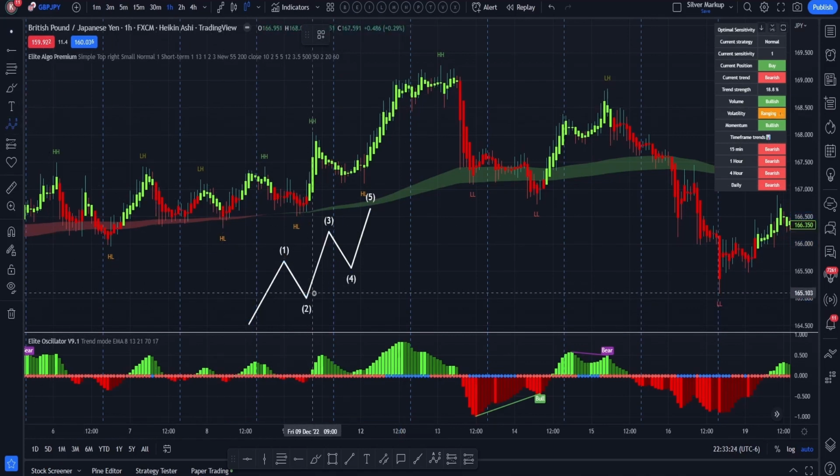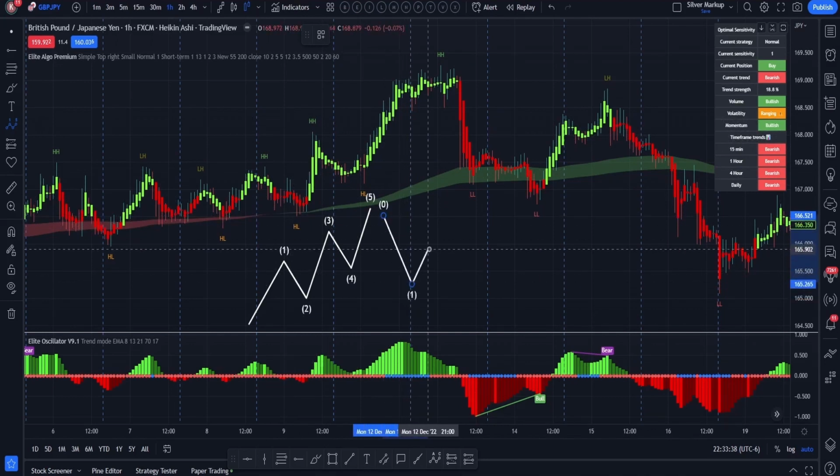With an uptrend on Elite Algo, you're going to see the higher highs and higher lows. That's what you're going to be looking for on an uptrend. On downtrends, you're going to see lower lows and lower highs.